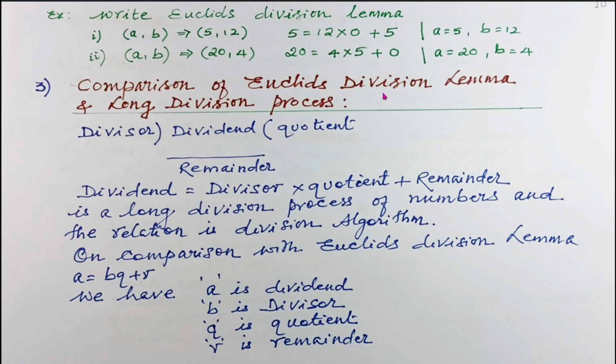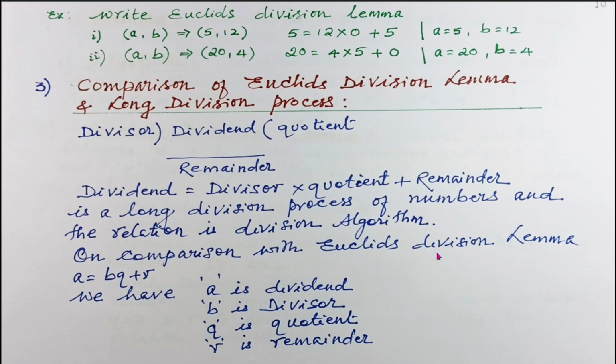Now comparing Euclid's division lemma with the long division process. We know what the long division process, or the algorithm of long division, is. If you have a dividend and divide it by a divisor, we get a quotient and a remainder, and the dividend is equal to divisor into quotient plus remainder. This is the long division process of numbers, and the relation is known as the division algorithm.